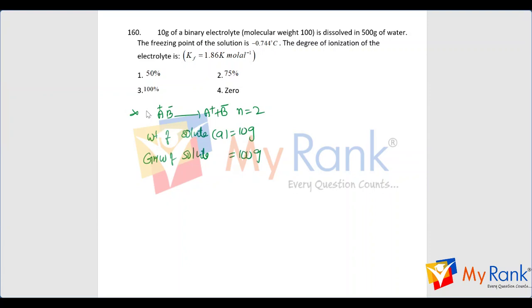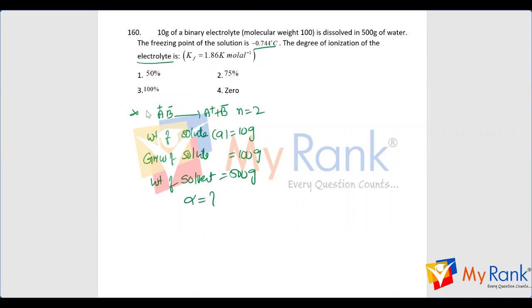The freezing point of the solution is given, and you have to find the degree of ionization of the electrolyte. The weight of solvent is 500 grams, and we have to calculate the degree of ionization alpha.